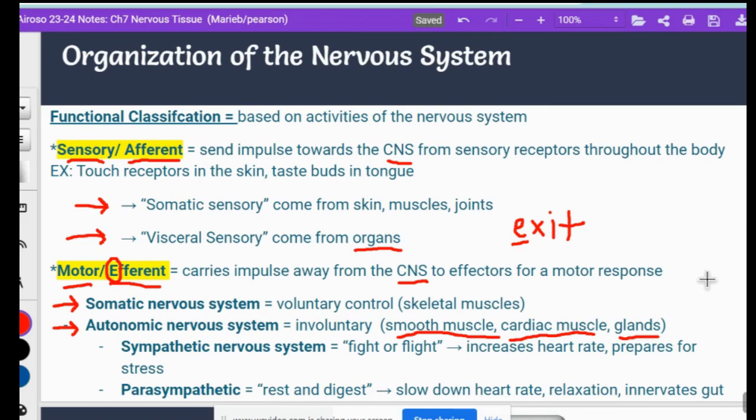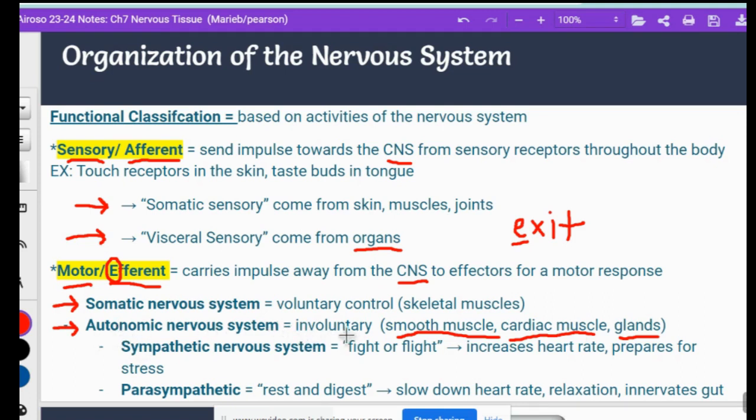These are things you do not have to think about. If we had to think about our heart pumping or our pancreas secreting glucagon to increase our blood glucose levels, there's no way we would ever learn anything in class, because we'd be thinking about all these different things we've got to do. But autonomic works all by itself.